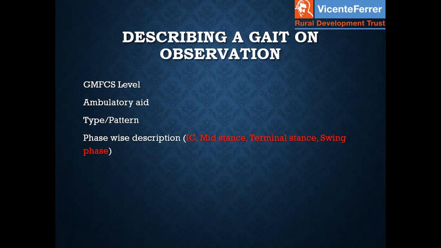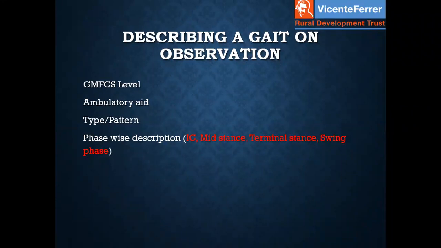So if a child is walking around without any limitations, it is stage 1. Stage 2, some limitations, but he walks around without any support. Stage 3, he needs some walking aid. Stage 4, he needs an electronic vehicle to move around, or someone pushing him in a wheelchair.